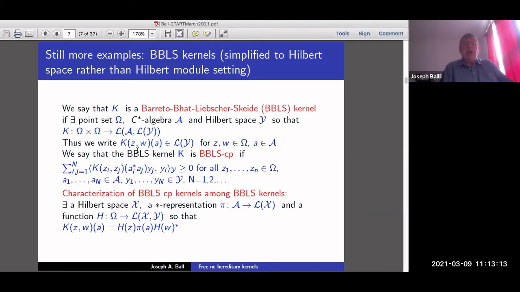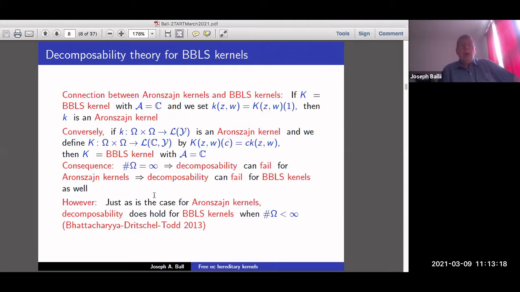And then the question is, can you decompose a real as a difference of completely positive ones? But first, I want to give all the connections. How are Ehrenstein kernels related to BBLS kernels?